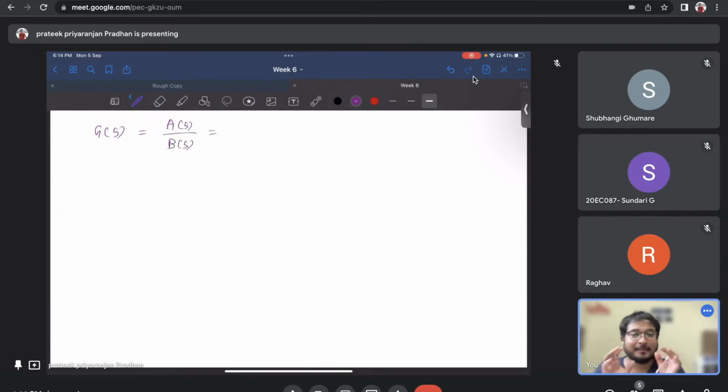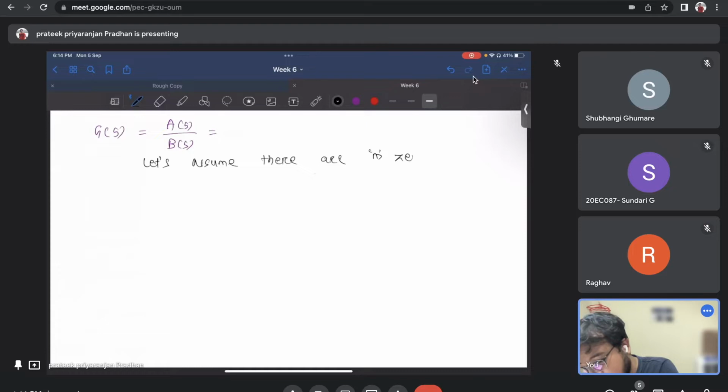Let's assume there are m zeros and n poles.